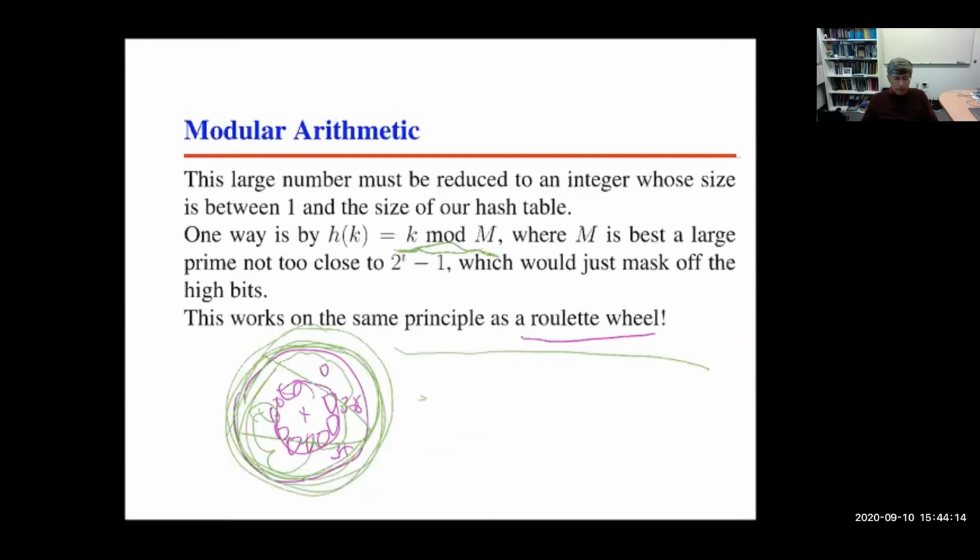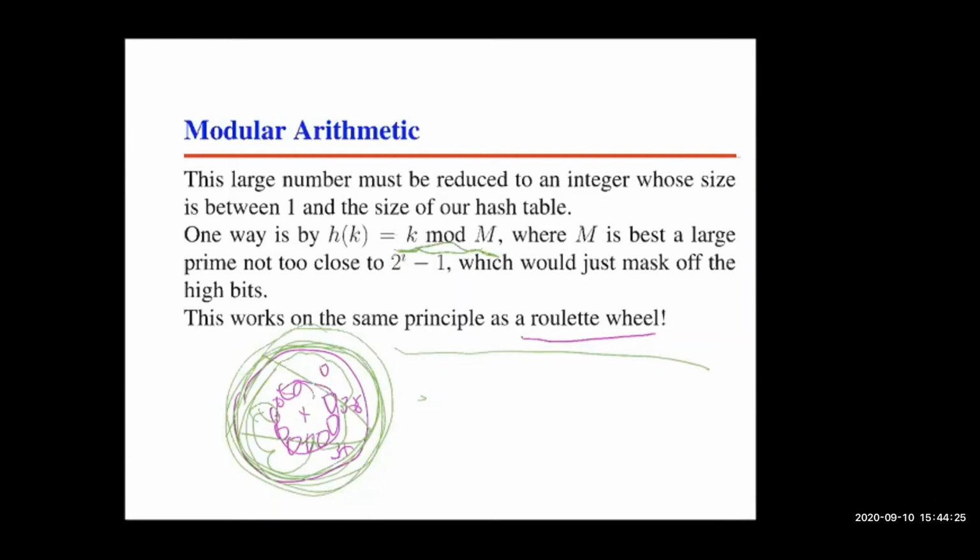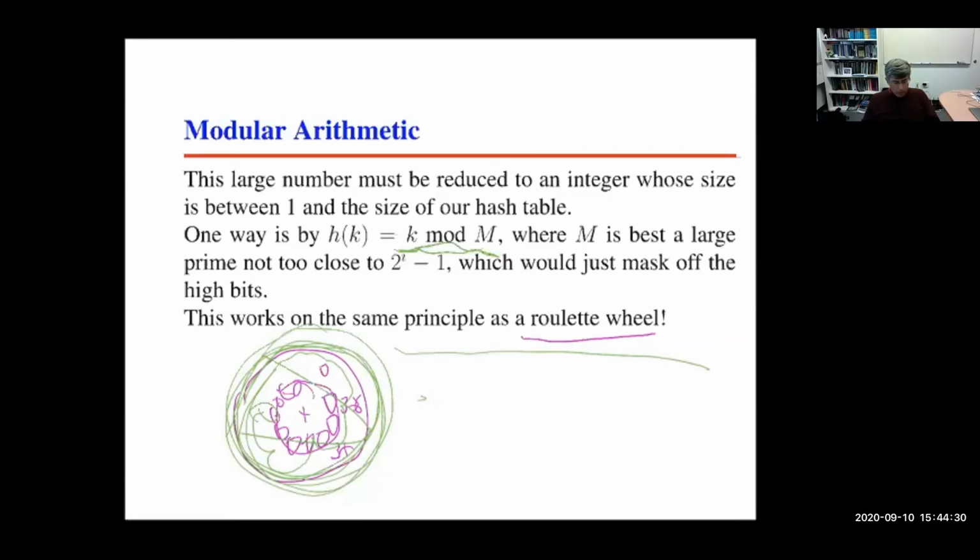Does everybody kind of see the analogy between this, convert to a big number and cut it down by mod, to the idea of the roulette wheel? I see it. That's a good analogy. If you went into a casino and the dealer put the ball down and didn't spin it and just let the ball go bloop, and it fell right into the spot where they did that, would you consider that to be a fair thing or was the dealer trying to make the outcome happen?